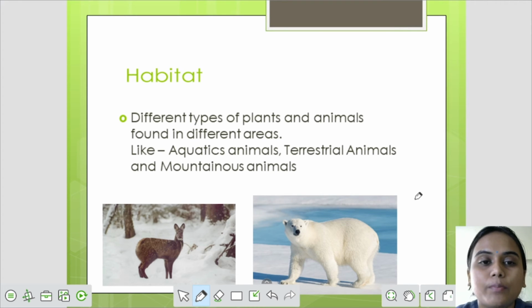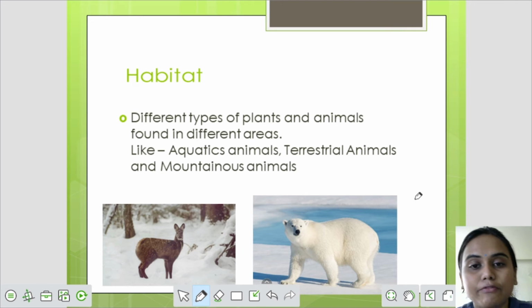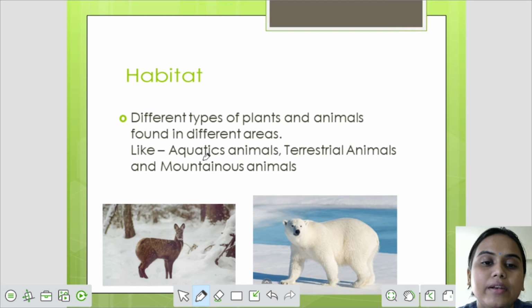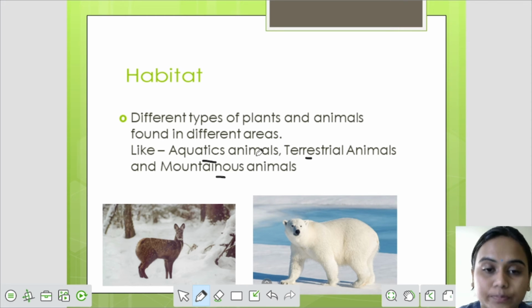Now coming to the point, habitat. What is a habitat? Habitat refers to the different types of conditions and areas to which different animals have adapted themselves. There are mainly three types of habitats: aquatic, terrestrial and mountainous. Aquatic animals are those which live underwater.